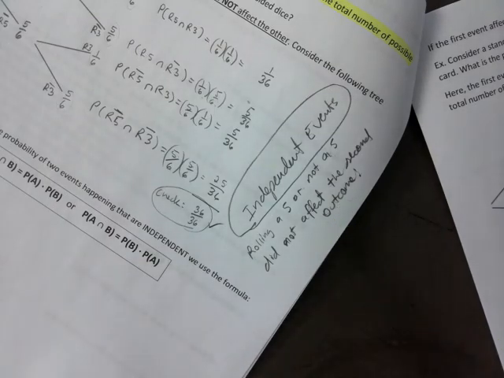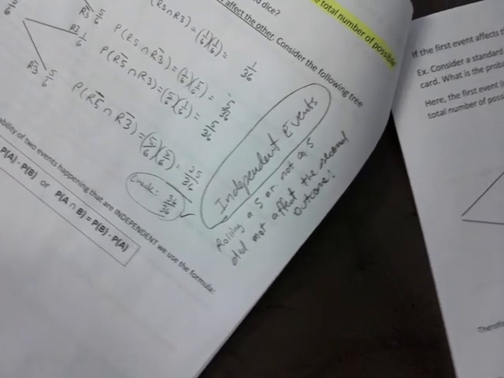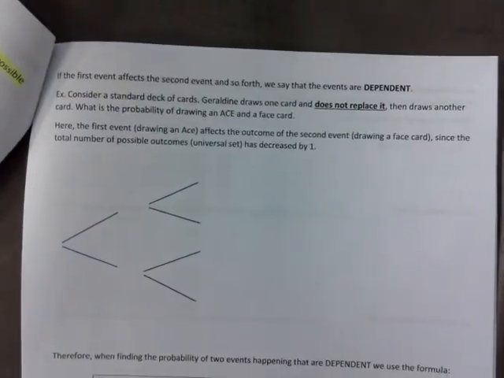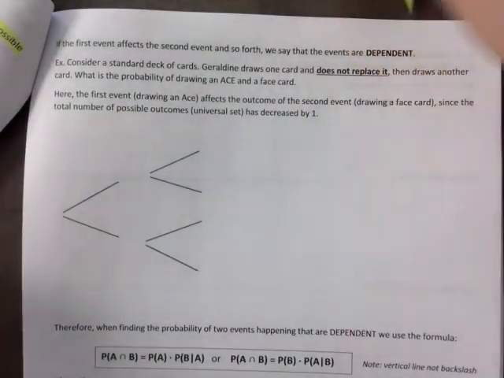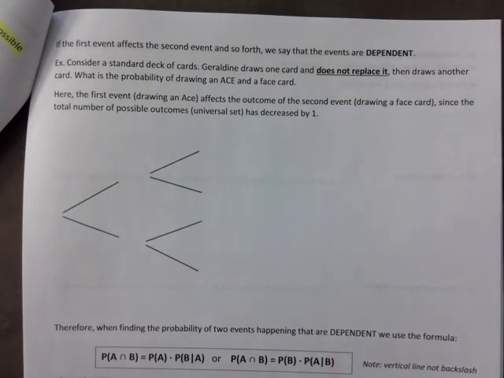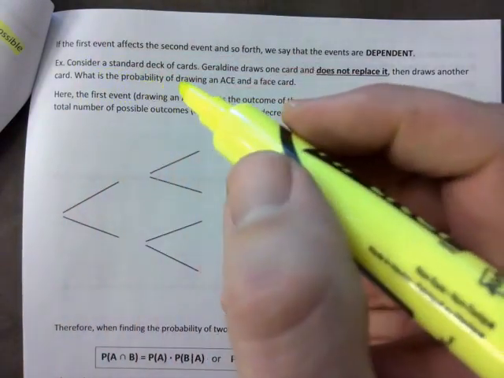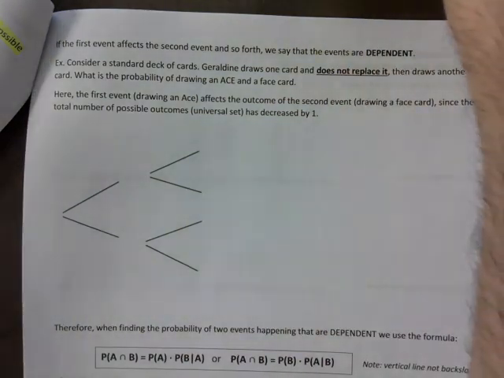Okay. Let's go to page 38 and look at dependent events. When are you dependent? I'm going to go orange because that's what I used for the first page.